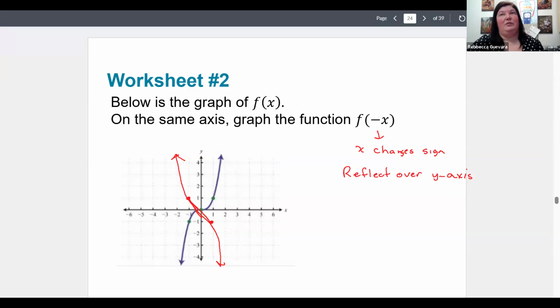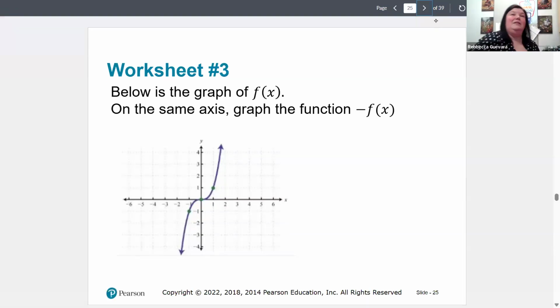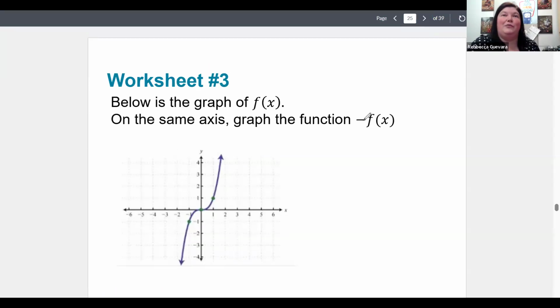Okay. Now with this one here, we have the negative out front, so that means we have negative y's. The y changes sign. That means a y value, if it changes sign, would go from here to here.